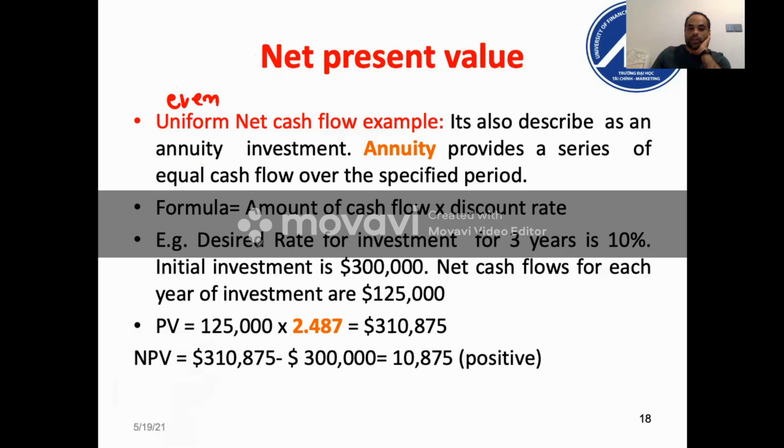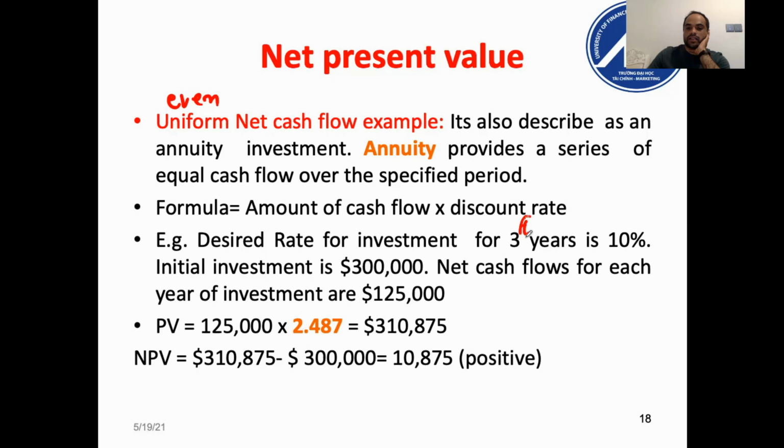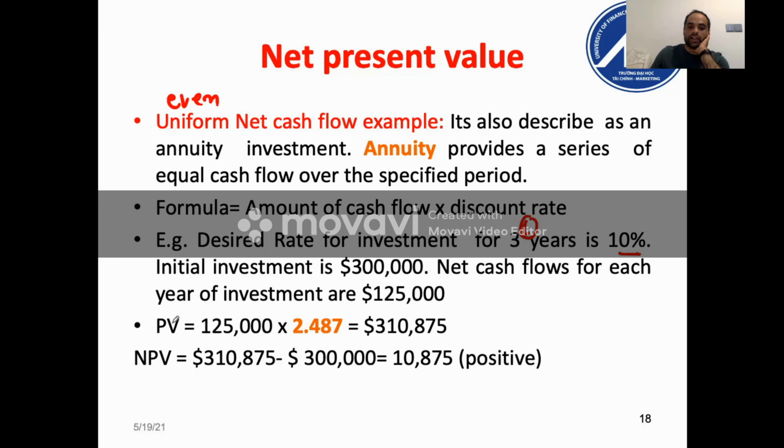So we directly come to the question. It says that desired rate of investment for 3 years. Time is 3. Rate is 10%. Initial investment is 300,000. Right? So we're going to calculate present value. So we calculate present value first, and then later on we calculate the net present value.